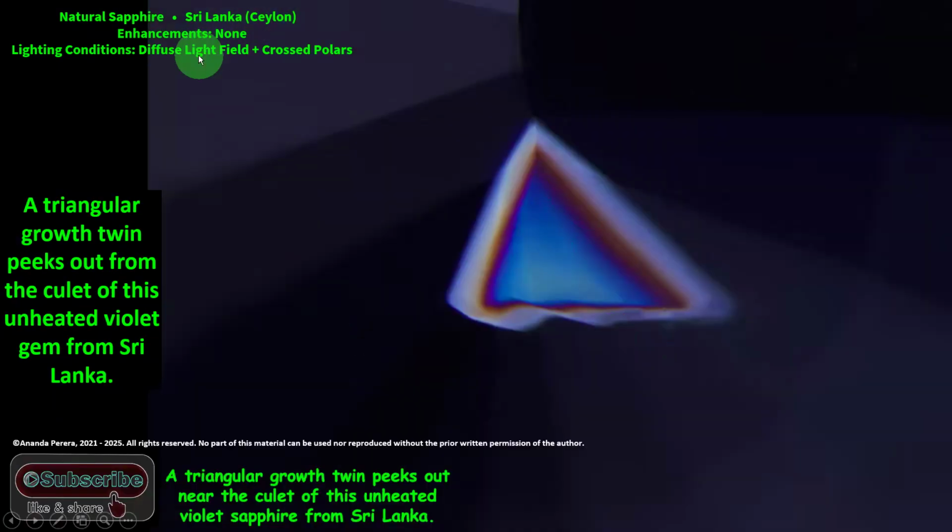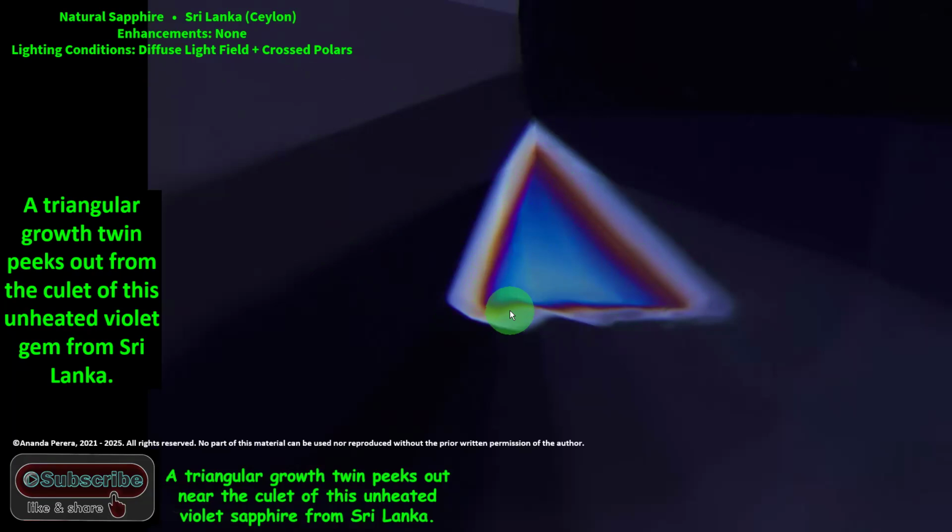What is this? The lighting condition here: there are two, diffuse light field plus crossed polars. With this natural Sri Lankan sapphire, here is a triangular growth, a twin growth.